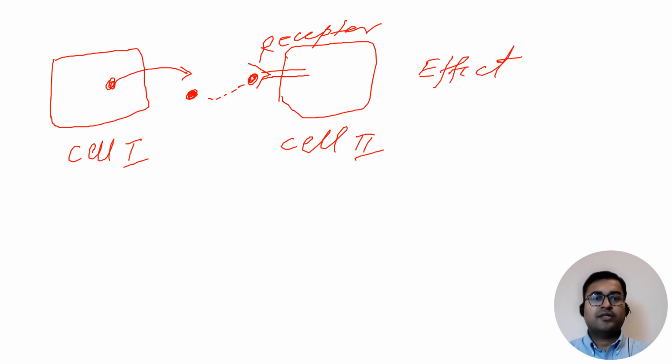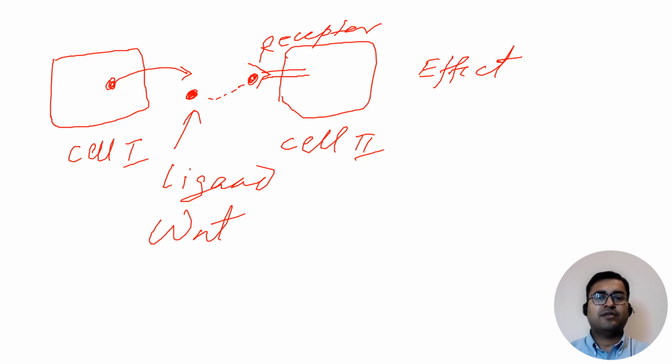Now, this ligand might be of different types, and the receptor can also be of different types. Let us say if we talk of a ligand like Wnt, this is one of the ligands involved in Wnt signaling, and that is what we are going to discuss in today's class.